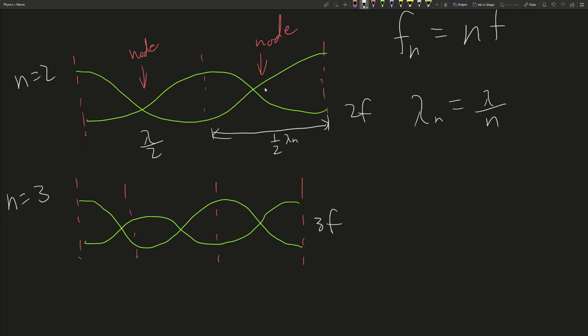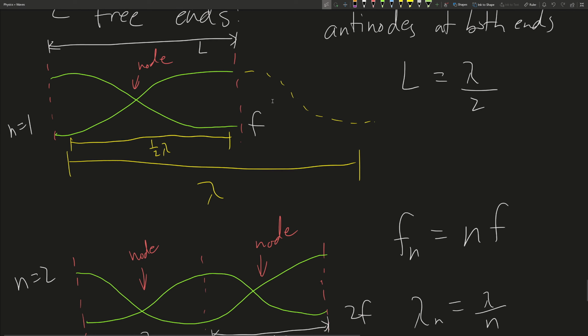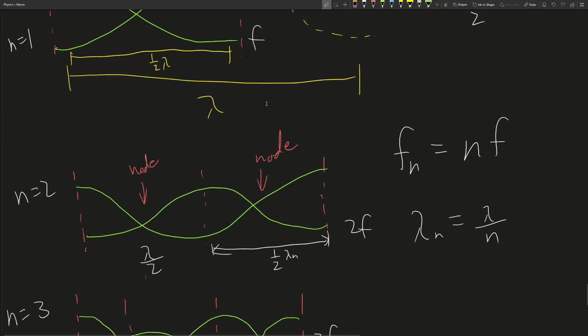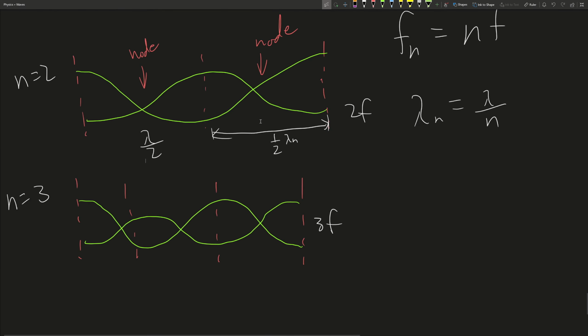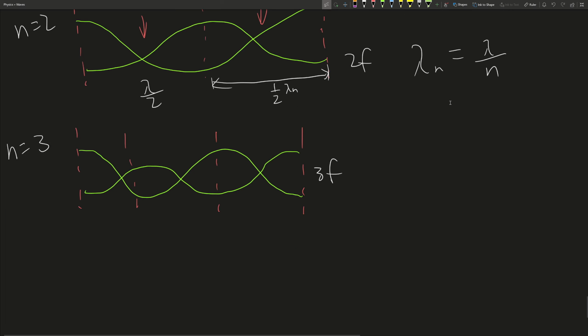Since you can fit 2 of these waves in the same space it takes to fit one of the old waves, the wavelength of the nth harmonic is going to be equal to the original wavelength divided by n. So you see the wavelength is the original wavelength divided by 4 in this case. This section between antinodes is still 1/2 of a wavelength. But since you can fit 3 of them instead of 1 on this total length, this will be the original wavelength divided by 3.